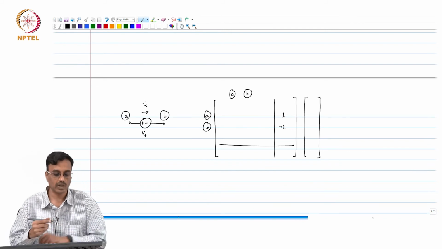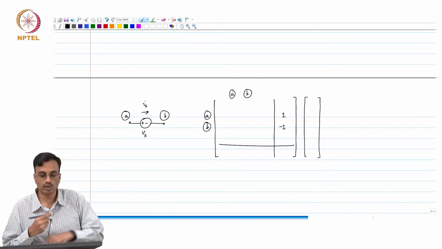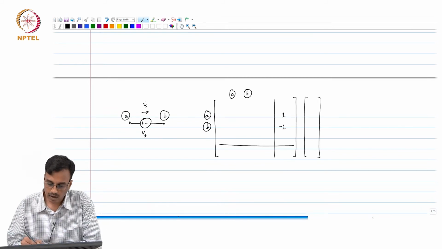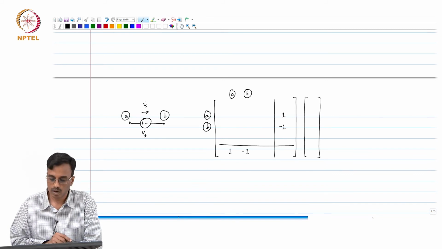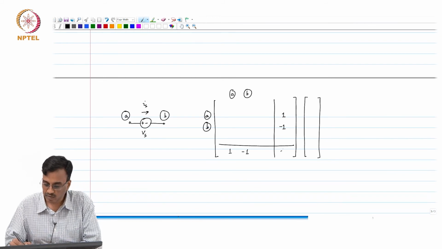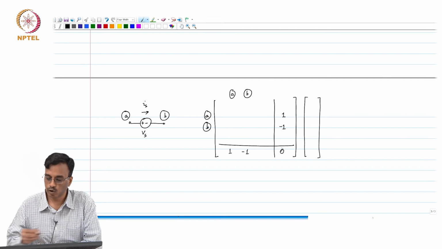That corresponds to accounting for the current that is flowing through the voltage source, and you put in 1 and -1 in the a-th and b-th columns in the last row, and that entry is going to be 0.